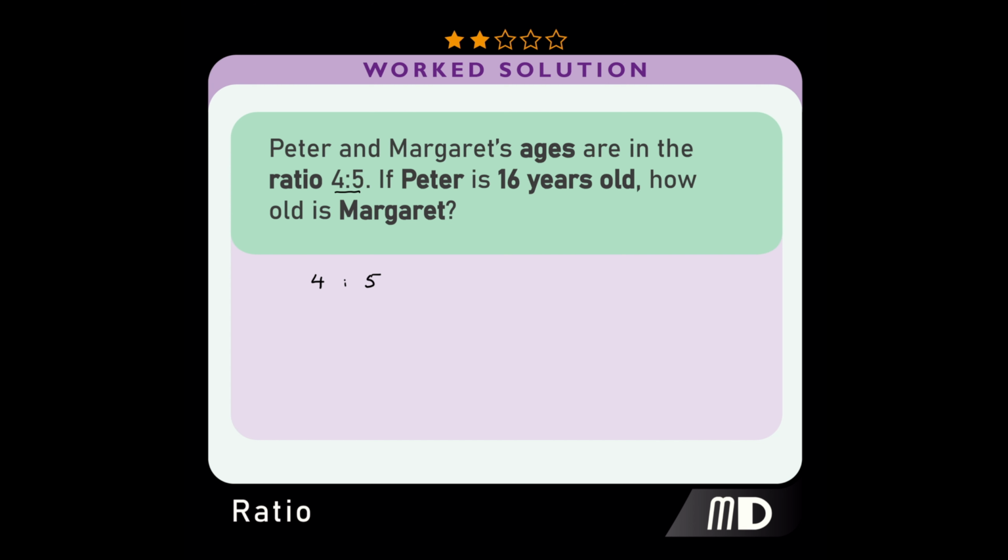We're asked to find the age of Margaret when Peter is 16 years old. Assigning the variable x to represent Margaret's age, that means the ratio of their age is 16 to x.